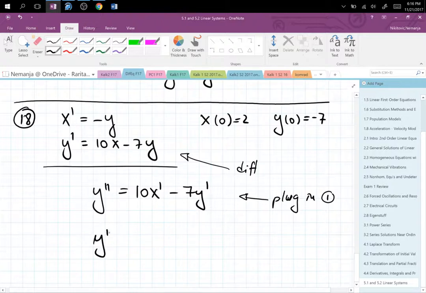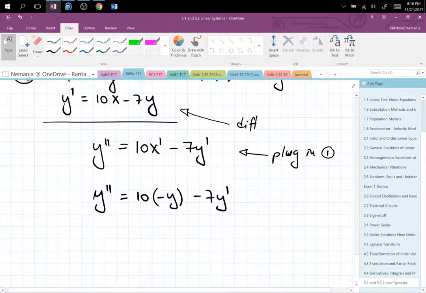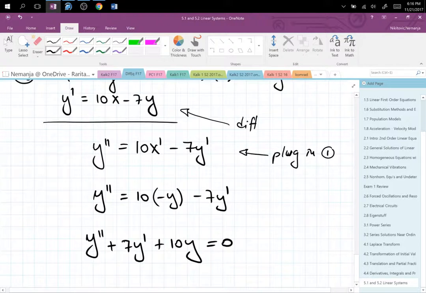So I have y double prime is equal to 10 times, and instead of x prime I have negative y, minus 7y prime. And then I put everything together into y double prime plus 7y prime plus 10y equals 0.